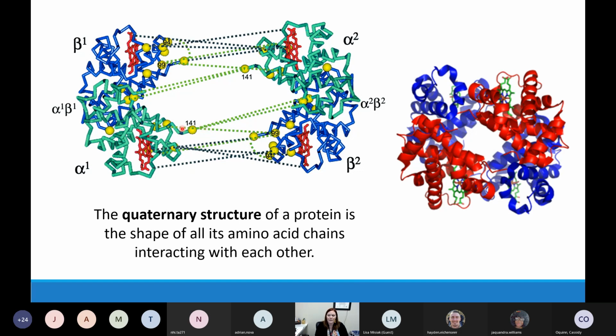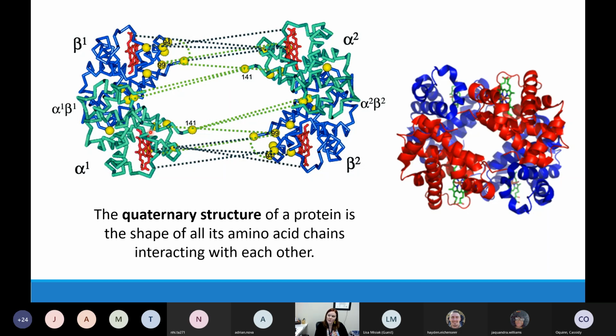But we've got this amino acid in here, and they looked to see where does this particular amino acid interact with amino acids in the other chain. And so these little dots show me the places where they're forming bonds. This is things like ionic bonds, or things like those hydrogen bonds or disulfide bonds. So they went through and figured out all of the different places that these 4 subunits connect to each other.